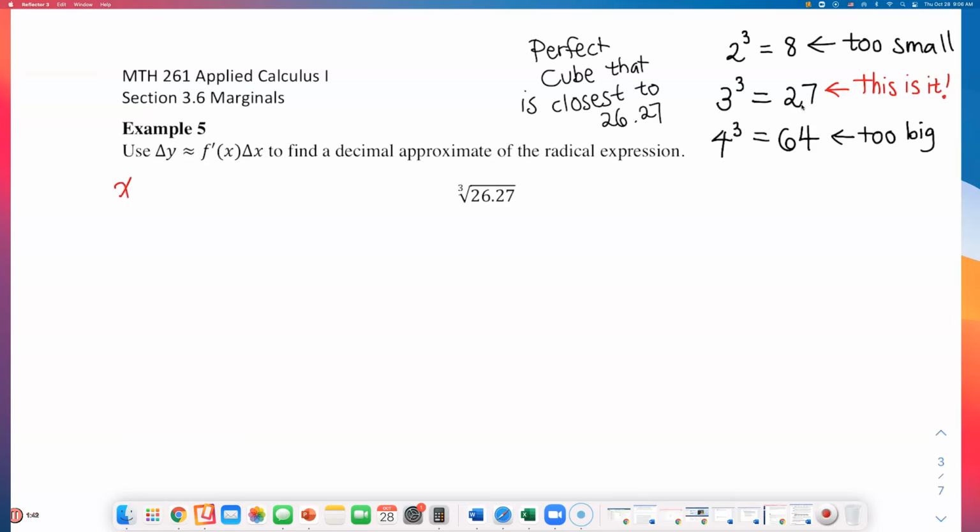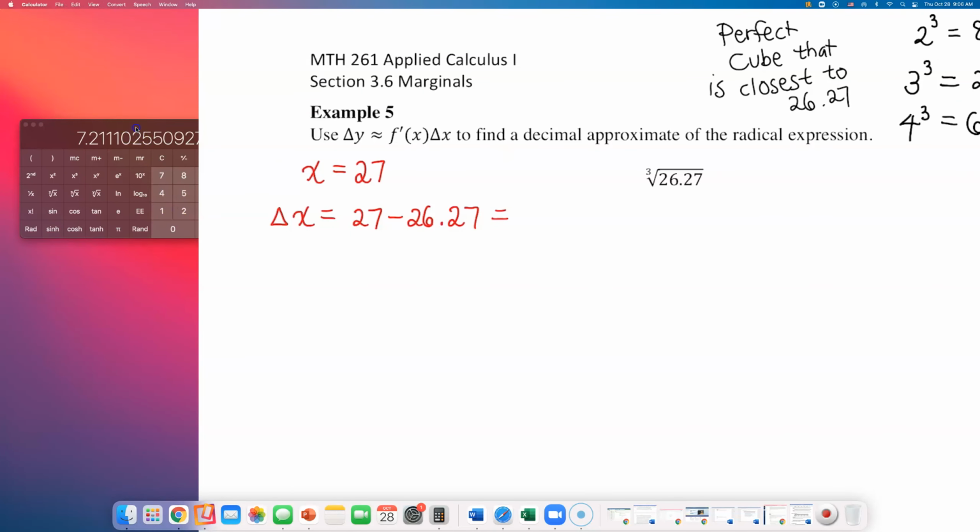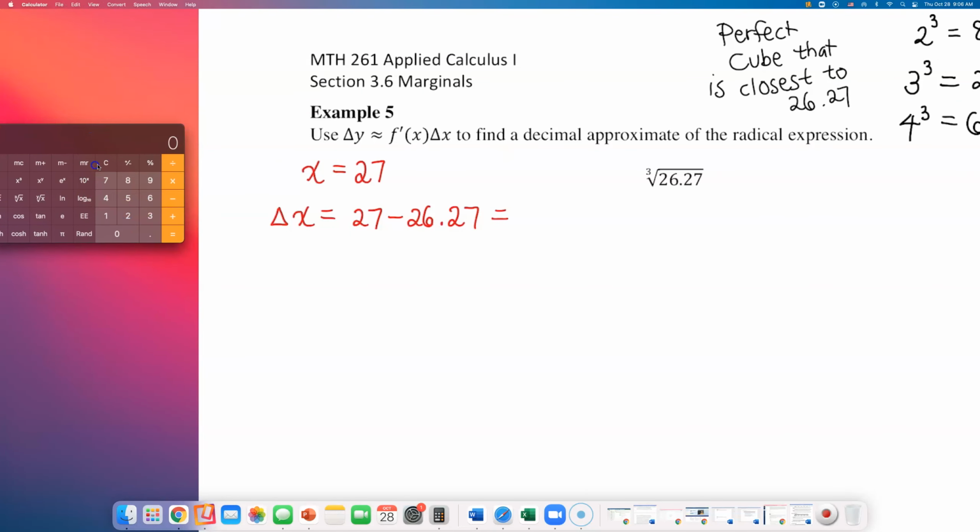If x is 27, delta x is how far away this number is from the original number. I can subtract them: 27 minus 26.27.